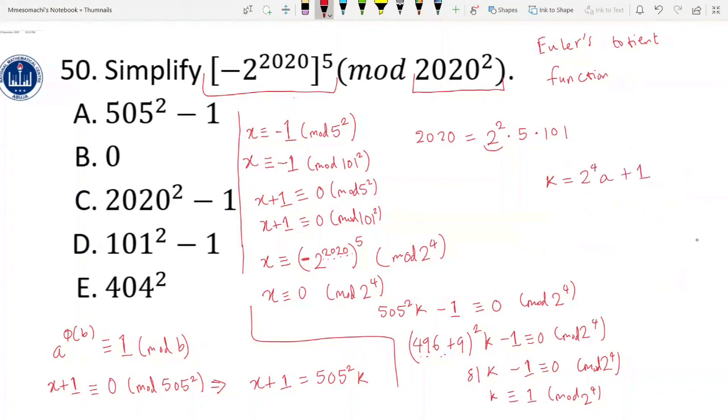Okay, so now our x, which is equal to 505 squared k minus 1, is equal to 505 squared into 2 to the power of 4a plus 1 minus 1. And this is equal to 505 squared times 2 to the power of 4, which is the same as 4 squared, so I'll just put 4 squared here, a plus 505 squared minus 1.